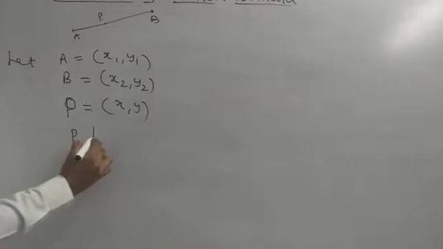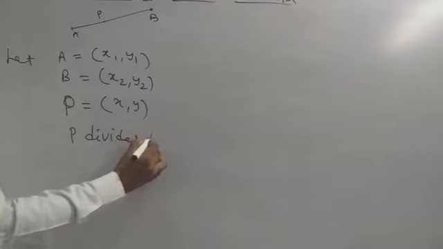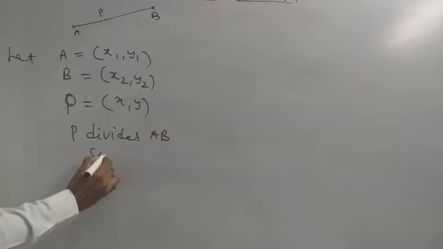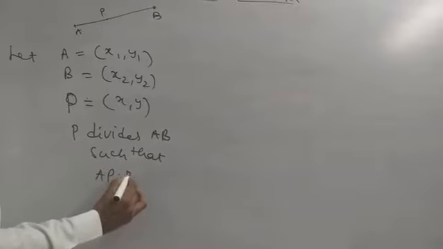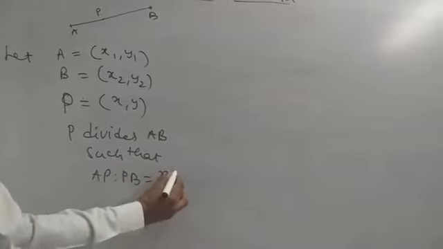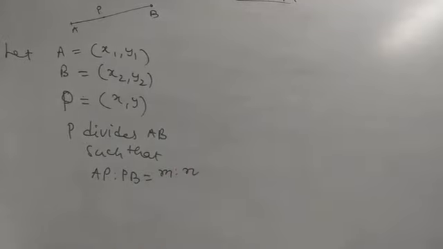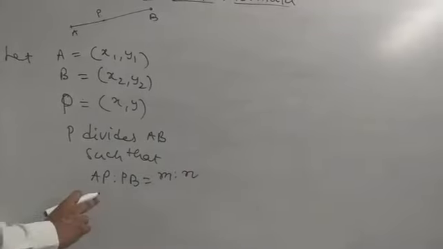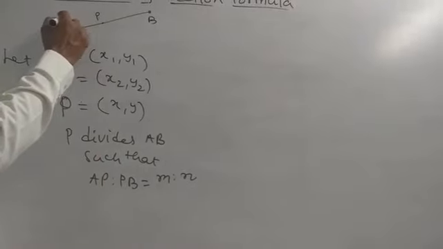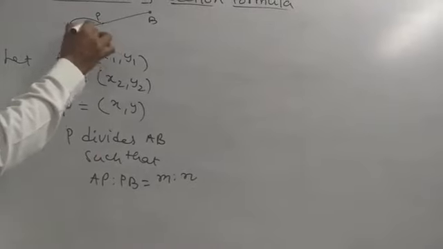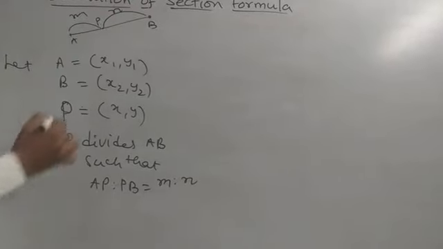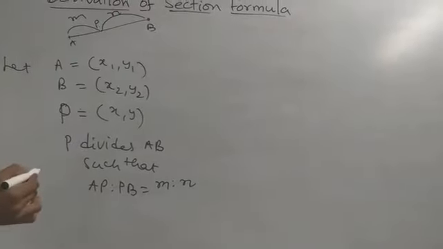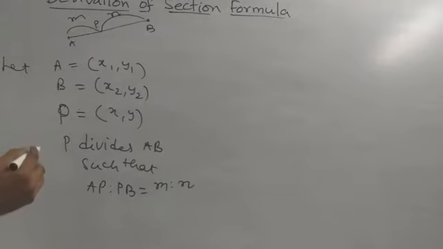Consider P divides AB such that AP is to PB equal to m is to n. That means from A to P, if it is m parts, then P to B is n parts of that. Now let us identify how to find the coordinates of P.